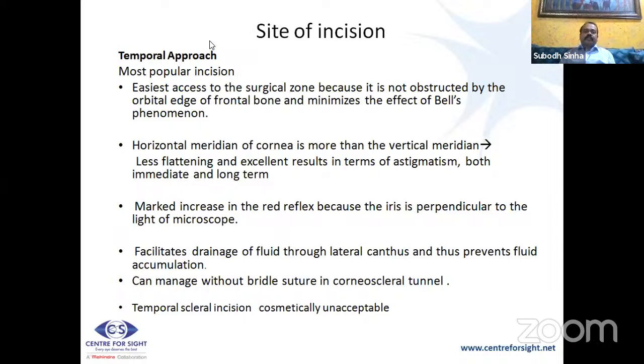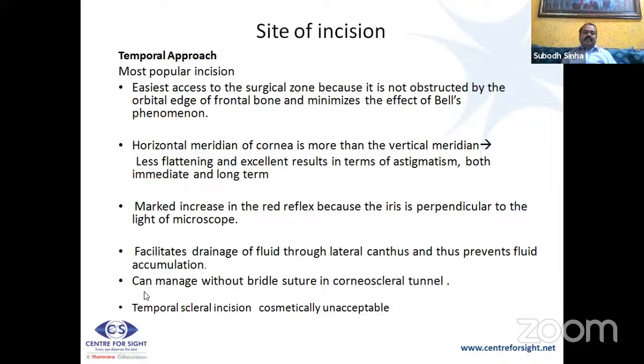Now the site of incision. The temporal incision makes the access to the surgical zone easy, because it's not obstructed by the orbital edge of the frontal bone, or minimizes the effect of the Bell's phenomenon. At the same time, since the horizontal meridian of cornea is more than vertical meridian, this site of incision will lead to less astigmatism, and it also makes the red reflex better, which helps in some of the intraocular steps.